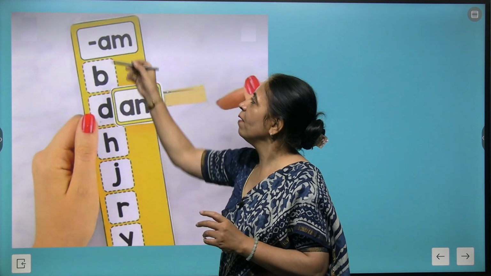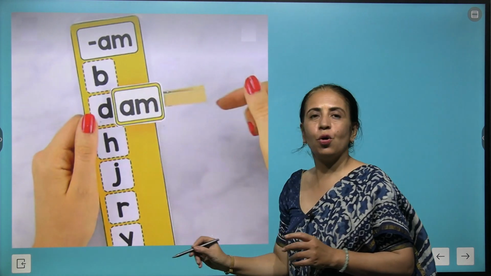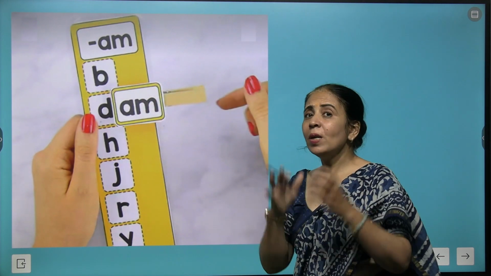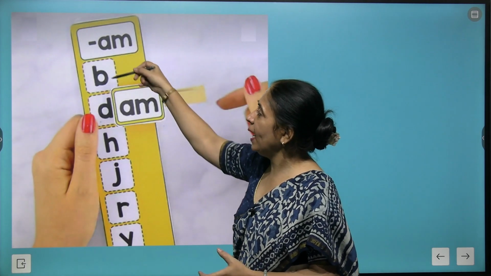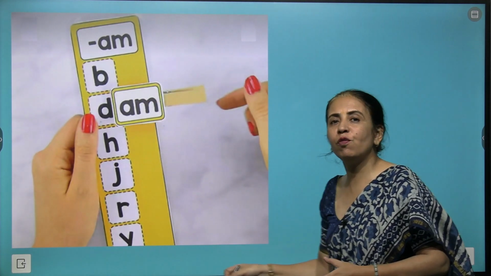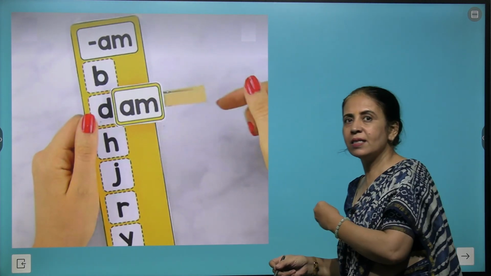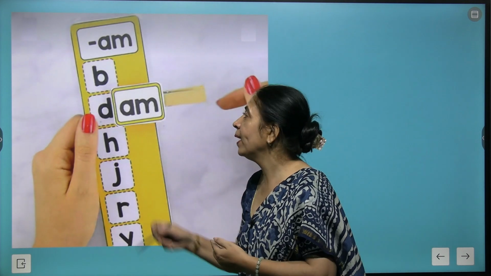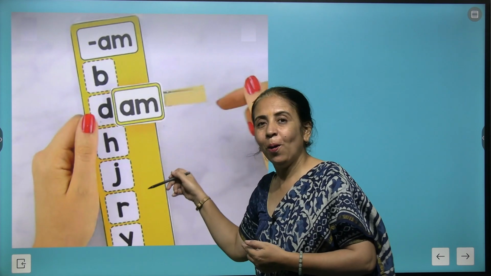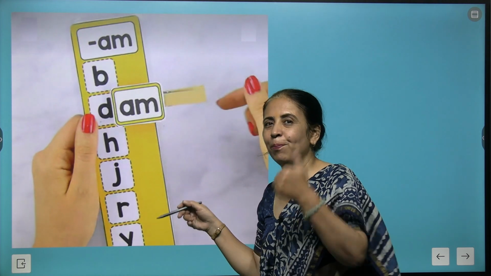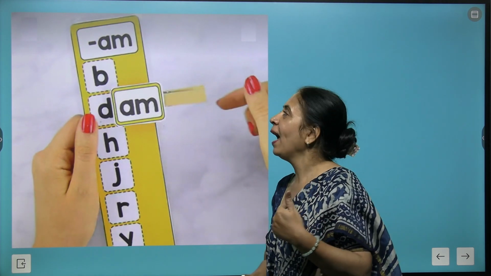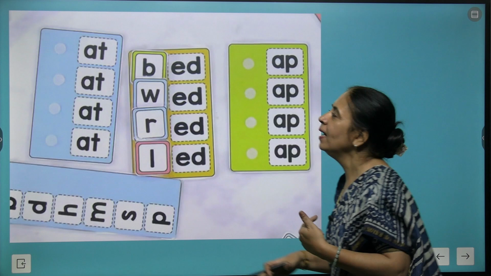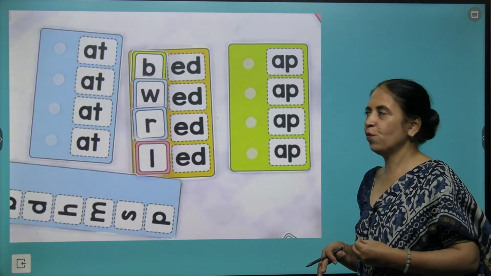So we have the combination of different alphabets. So let's see, if you put AM in front of different alphabets as a suffix, which makes the right word? We get dam, we also get jam. Beautifully answered. And moving ahead, let's try forming more words.